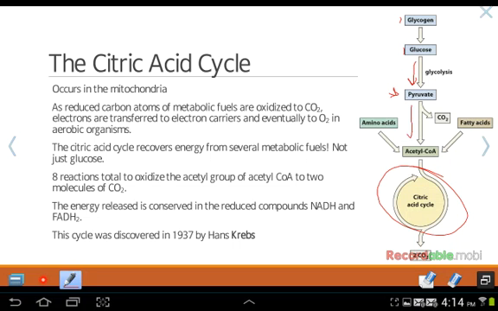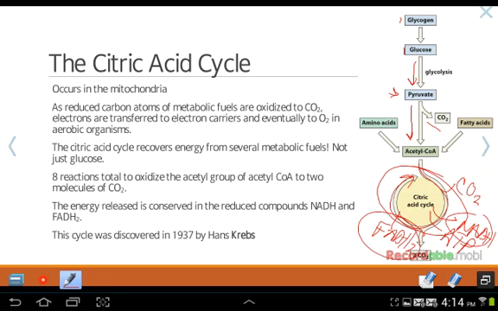Pyruvate is then converted to acetyl-CoA, giving off a molecule of CO2, and then it gets shuttled through the citric acid cycle to further produce more CO2, as well as some NADH, ATP, and FADH2. These molecules of FADH2 and NADH are then sent to the electron transport chain to generate more ATP by transferring our electrons through oxidative reduction reactions.